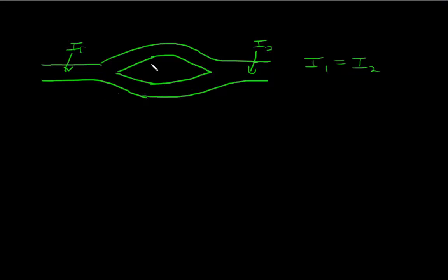However, you can see it's been split, and we assume that the radius here is the same, so therefore we'd have the same. So we'd have like this I3 right here, and then this would be I3. And then it doesn't seem that difficult to conclude that I1 is going to be equal to I3 plus I3, because we have to have conservation of current.